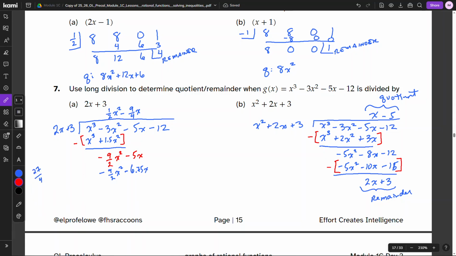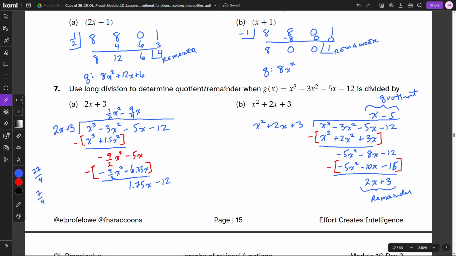All right, and then I'll subtract. All right, bring this down. That should be 0. Then negative 5 minus negative 6.75, so that's going to be 1.75x minus 12. But 1.75 is the same as 1 3/4, so that would be the same as 7/4.